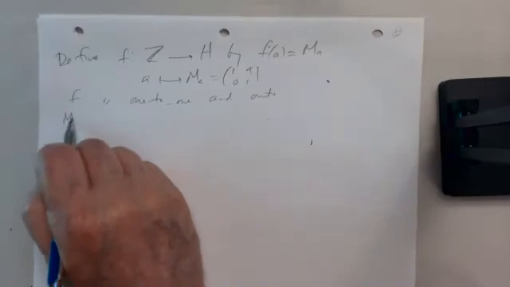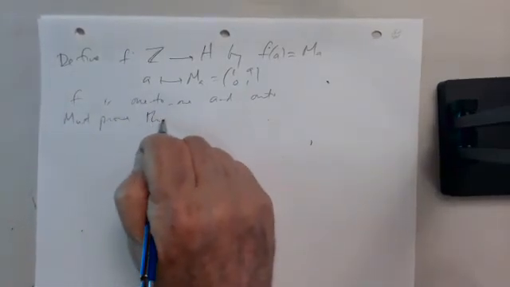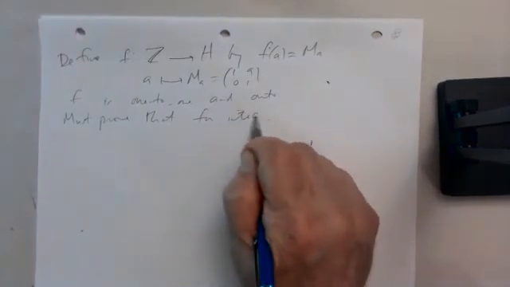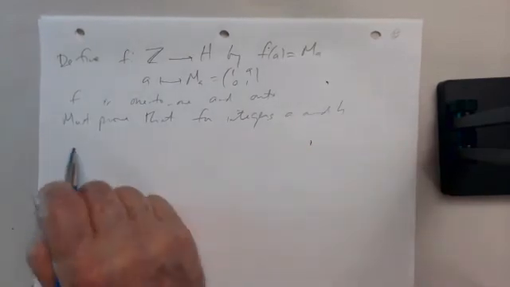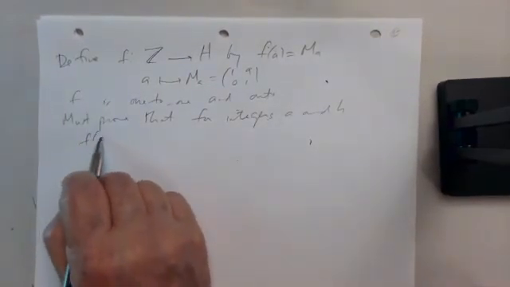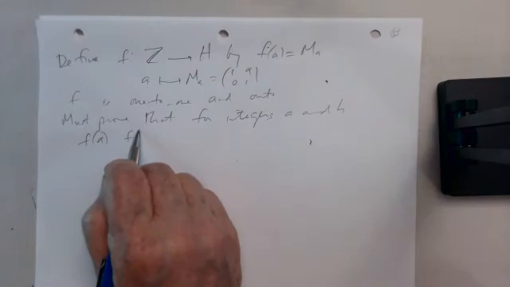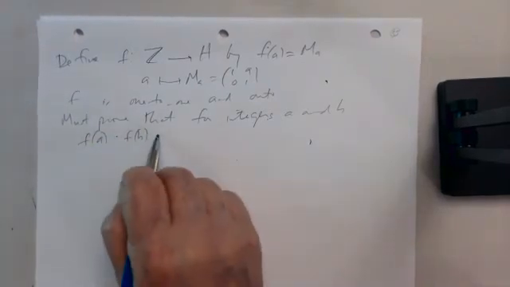So I must prove that for all integers A and B, f of A is something in H, f of B is something in H, and I can multiply those two matrices.